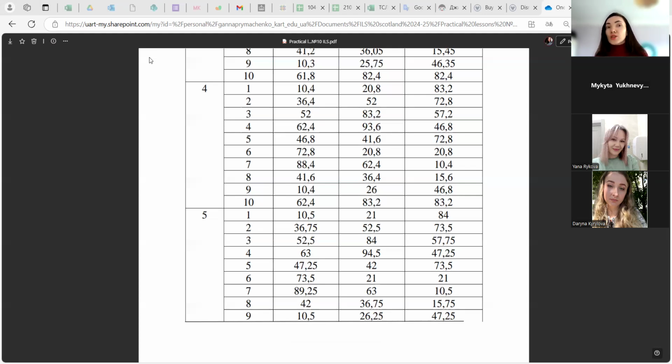Okay, if you have already done it, please write in our chat a plus, for example, that you have done it, and we find the next information.